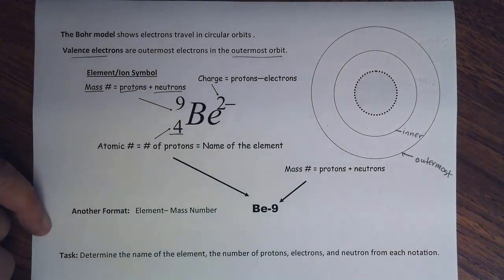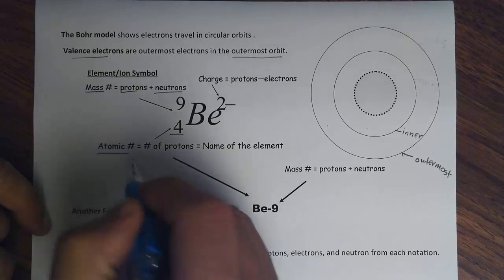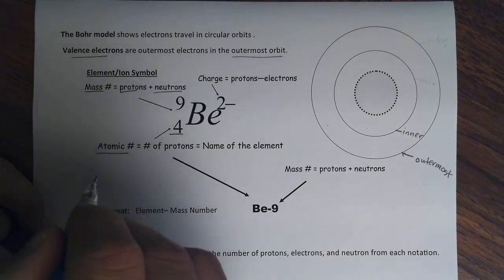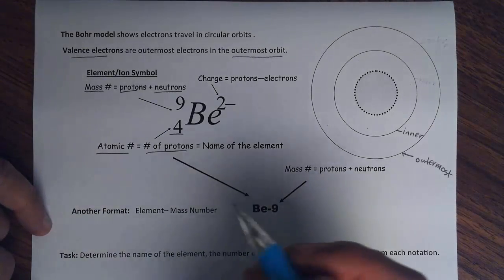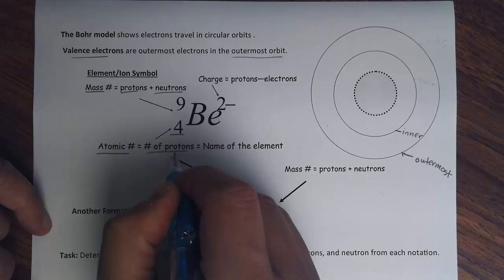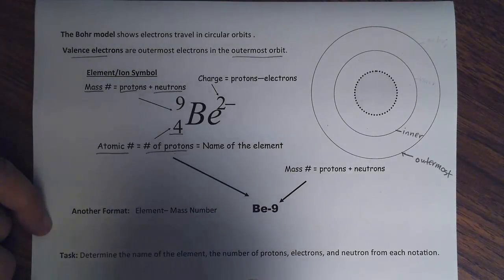And what does this bottom number represent? That bottom number, we learned, is equal to the atomic number, which also equals the number of protons. And we know that the number of protons is how the elements are arranged on the periodic table.